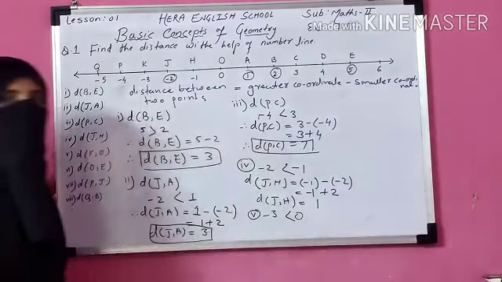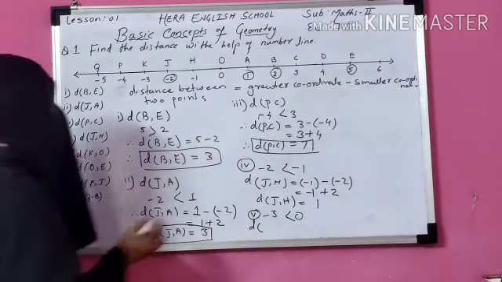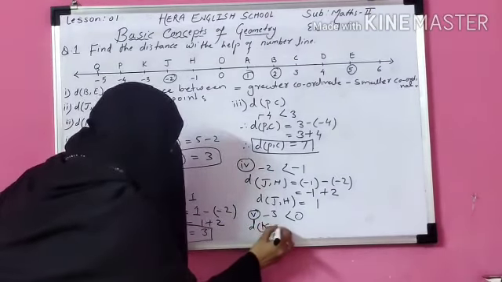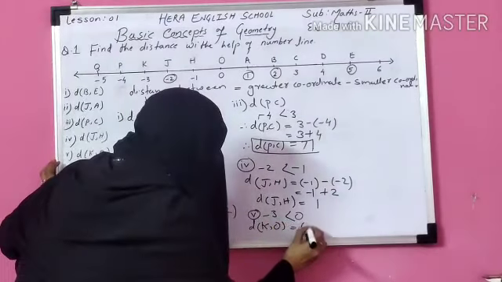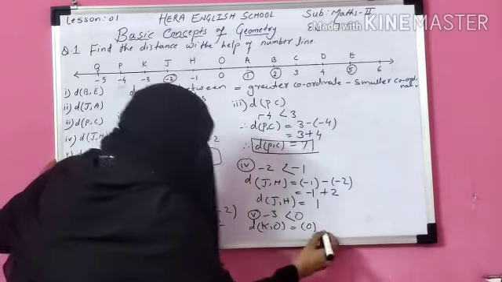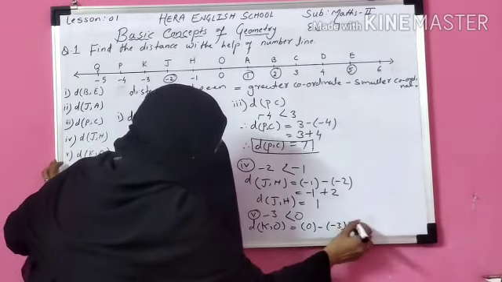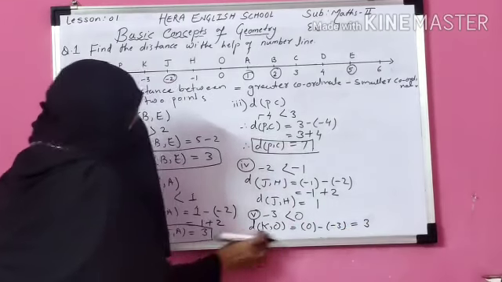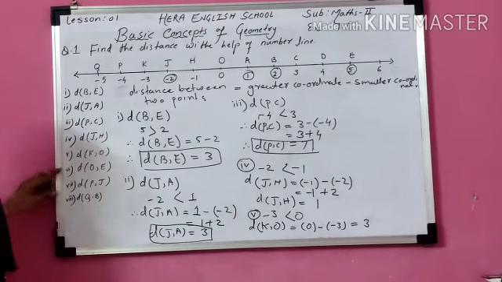So the distance between points K and O is nothing but the greater coordinate minus the smaller coordinate. The greater coordinate is 0, minus the smaller coordinate -3. Minus minus becomes +3. So the distance between points K and O is 3. The other 3 questions are for your practice.